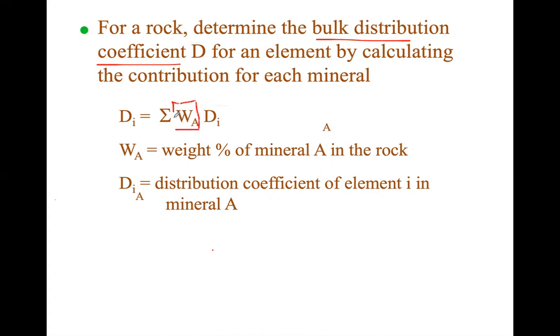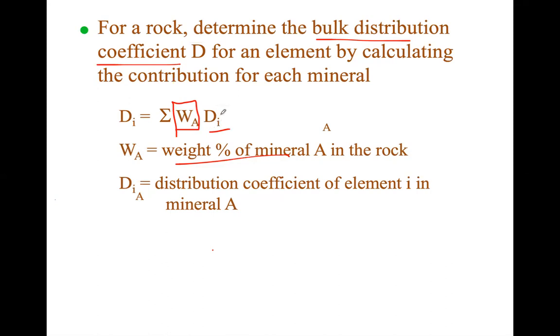So this is the weight percentage or modal percentage of that particular mineral in that rock, right? So if you have mineral A, then you have to take that modal percentage, and then you have to take the distribution coefficient or partition coefficient of that particular element that you are interested in for that particular given mineral, right?